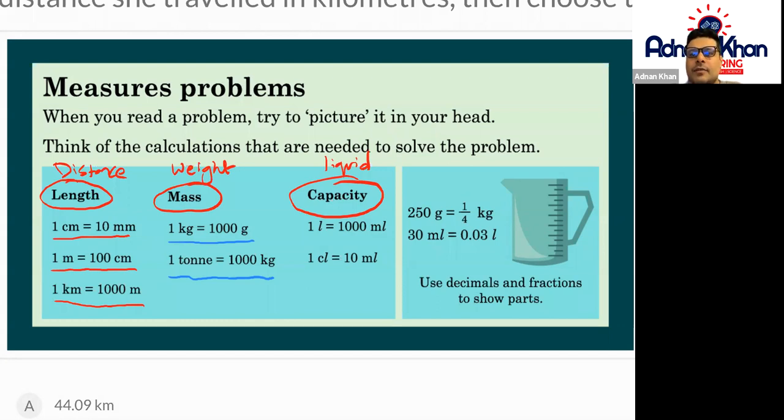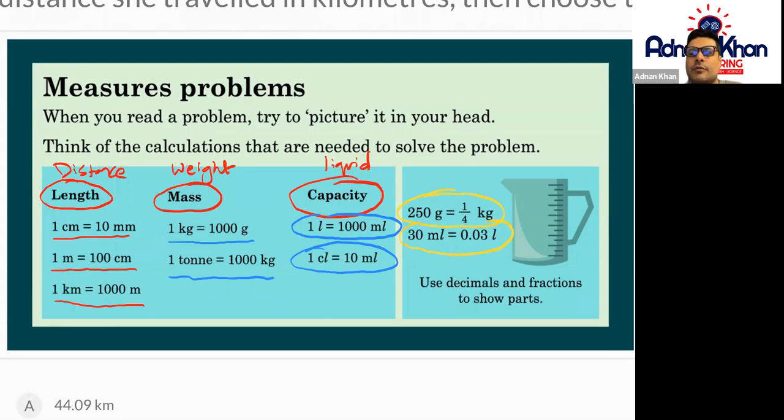1 liter, so it could be like a liter of milk, represents 1,000 milliliters, and 1 centiliter accounts for 10 milliliters. On the right hand side, we've just got some extra examples. So we've got here 250 grams, which is 1/4 of a kilogram, and 30 milliliters will represent 0.03 liters.